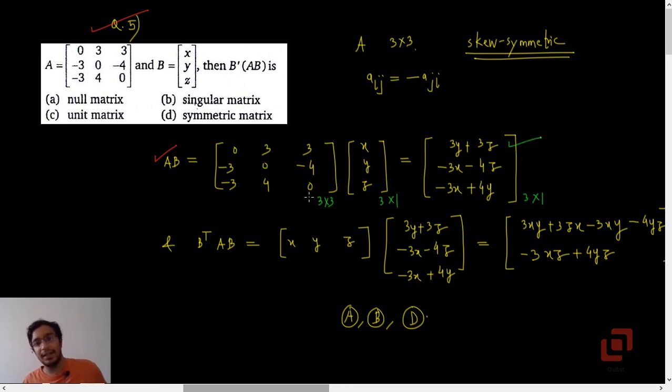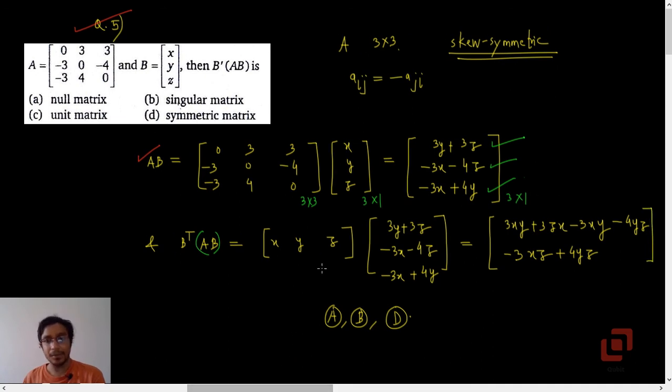Similarly, if you go to the second and the third rows of A, you will get 3x minus 4z and minus 3x plus 4y, right? And then I have pre-multiplied AB by B transposed. Now B is a column vector, so B transposed will be a row vector xyz. If you do that, it will be x into this plus y into that plus z into that.